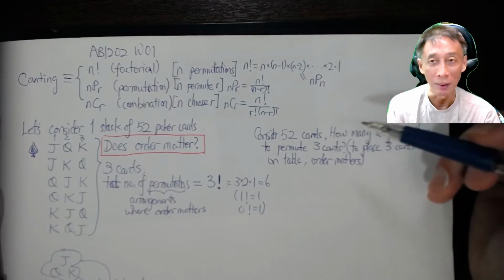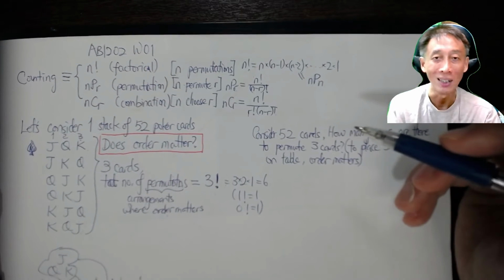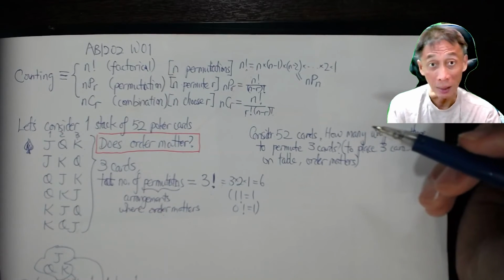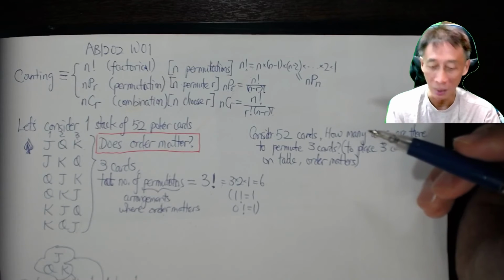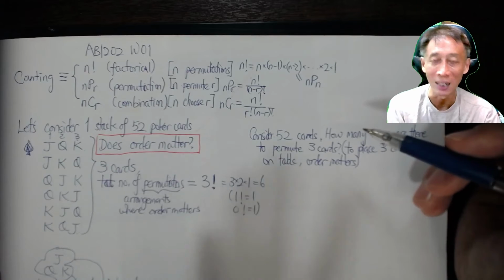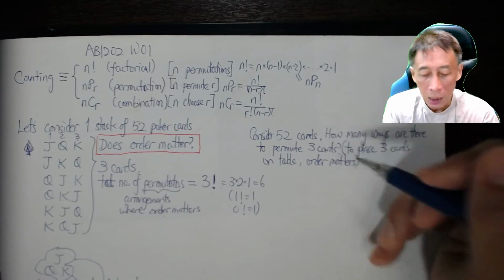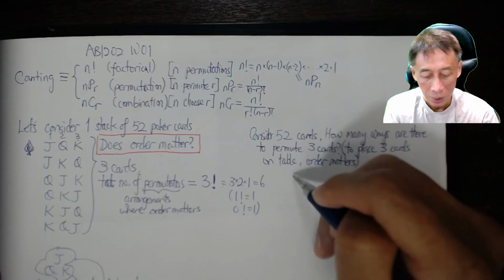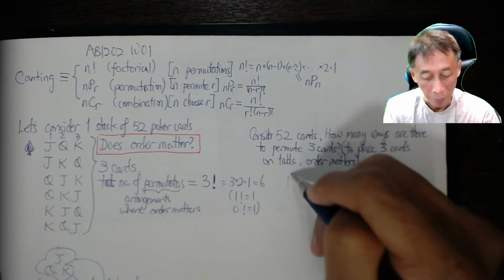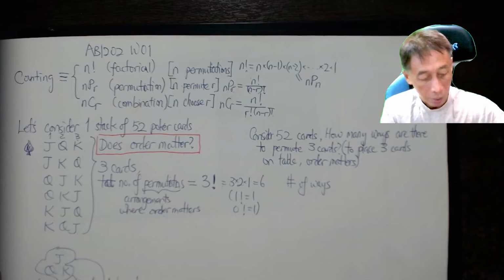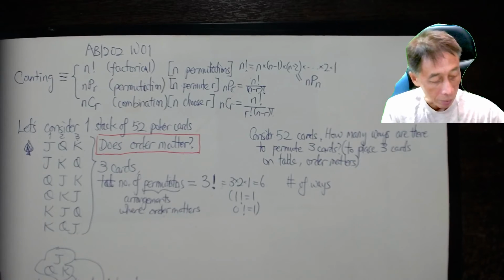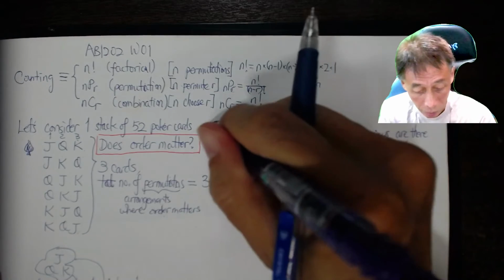In those situations, order doesn't matter. Otherwise, you've got to be careful, it may matter, it may not. So analyze the words. Here, clearly order matters. So the answer is the number of ways. I want to draw a line here.